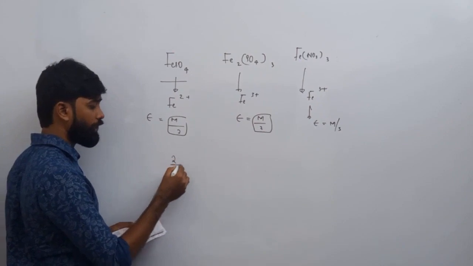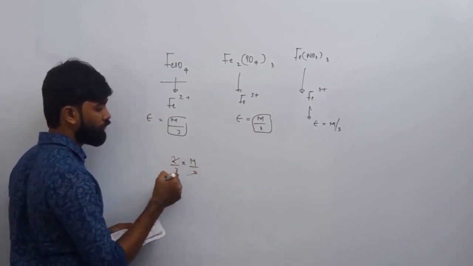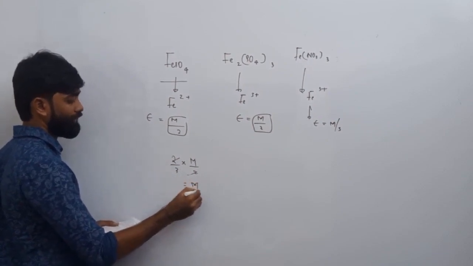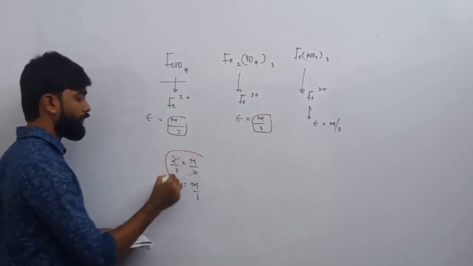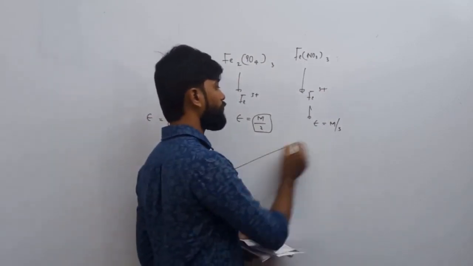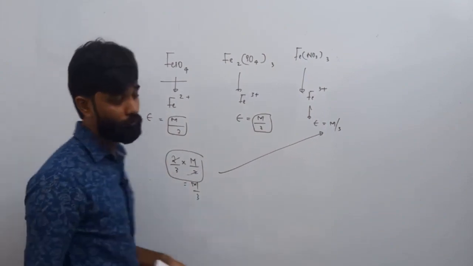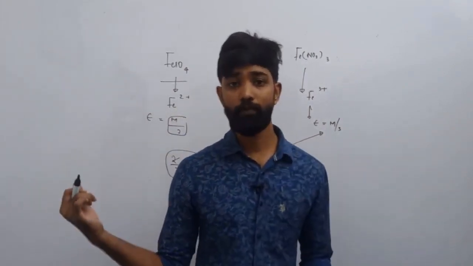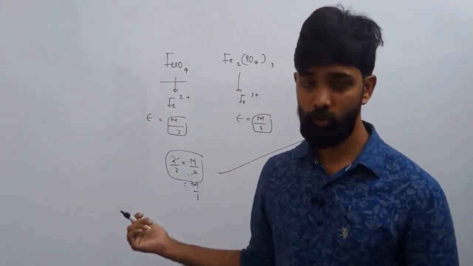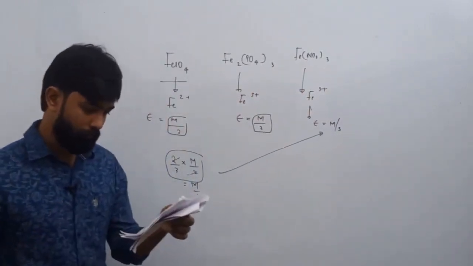So 2 by 3 times of mass deposited in FeSO4 means it is something like m by 3, and this will be equal to the mass deposited in Fe(NO3)3. It is correct: 2 by 3 times of m by 2 is m by 3. Correct? M by 3 will be the case. So that is okay, fine.